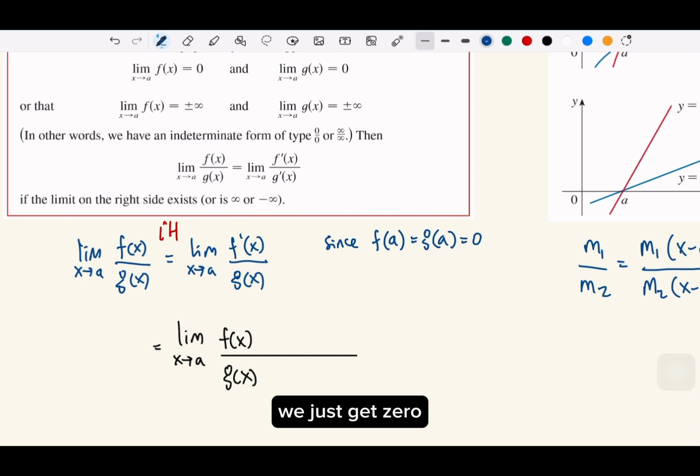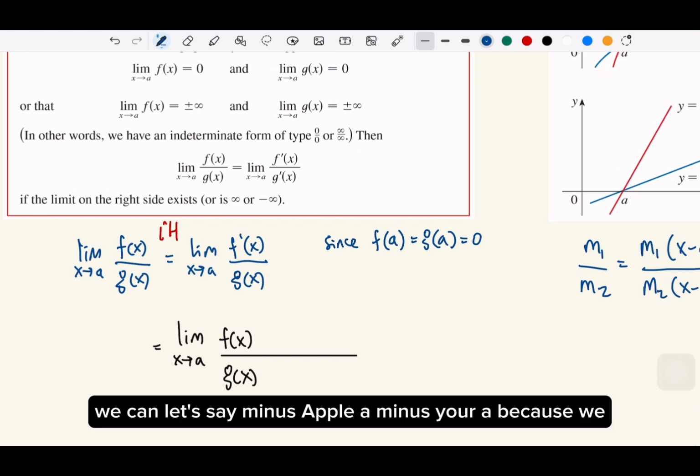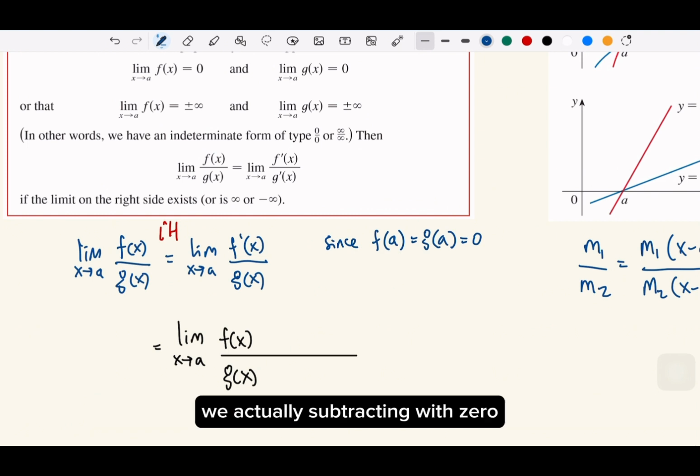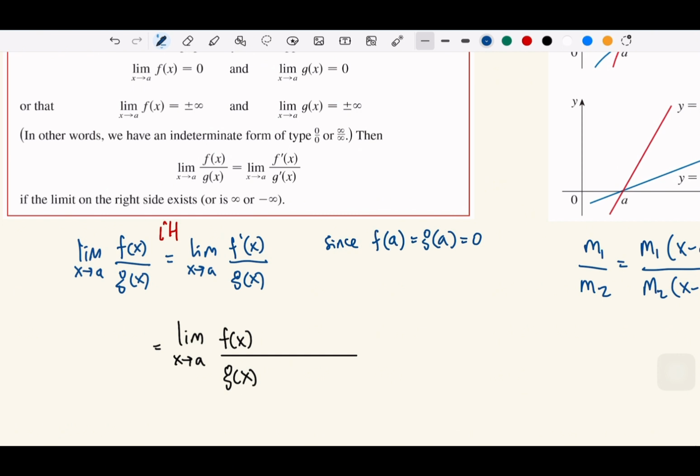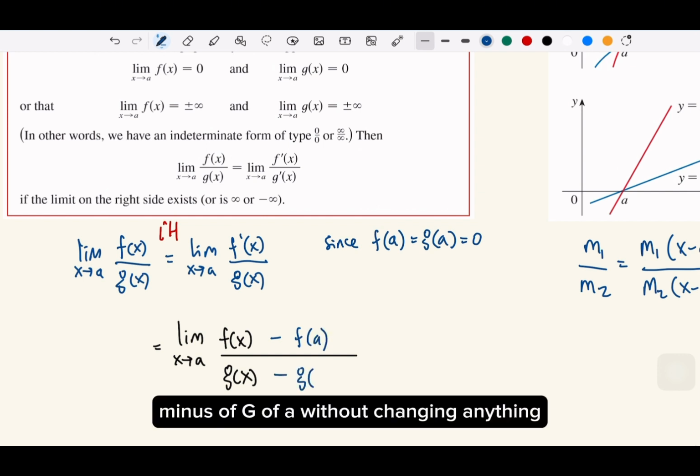Because it's 0, let's say we take minus f of a and minus g of a, because we are actually subtracting 0, which does not really change anything, right?